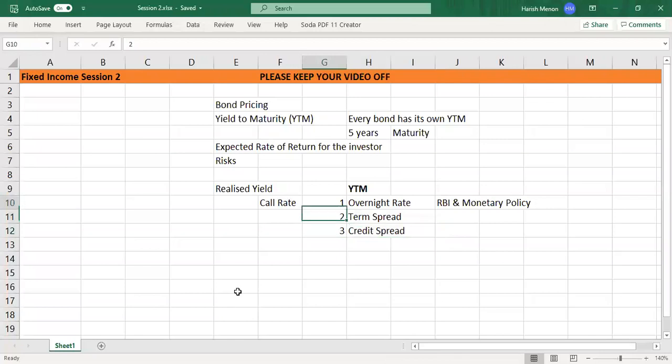And all of these three components are mutually exclusive. So each of these three has its own demand supply, market view, expectations. So a lot of things go into deciding each of these three components. There are times when the first two remain more or less the same, but the credit spread either increases or decreases.